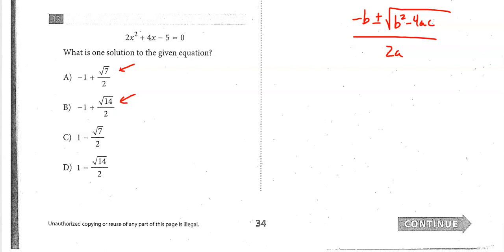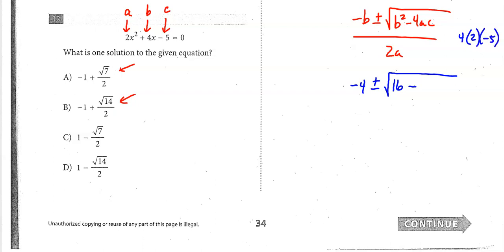So let's lock this down. A is 2, B is 4, C is negative 5. At least we only have one negative number, I guess, if there's a bright side. So negative B plus or minus the square root of B squared, 4 squared, minus 4 times A times C. So 4 times A times C, that's a negative 40.